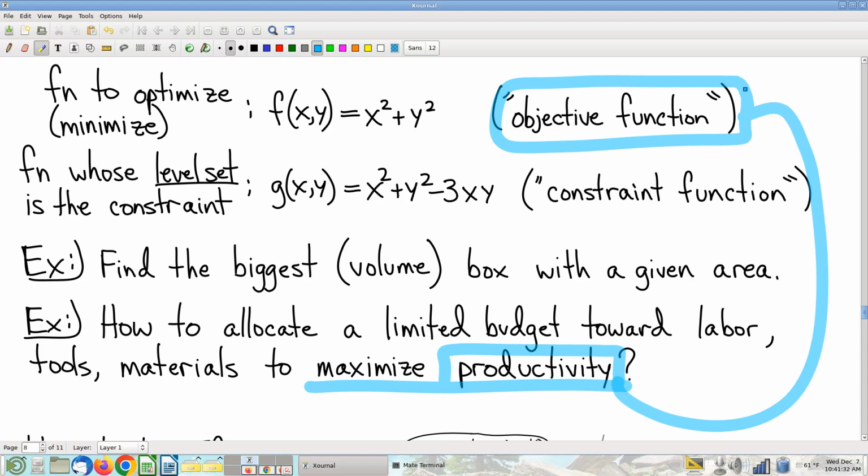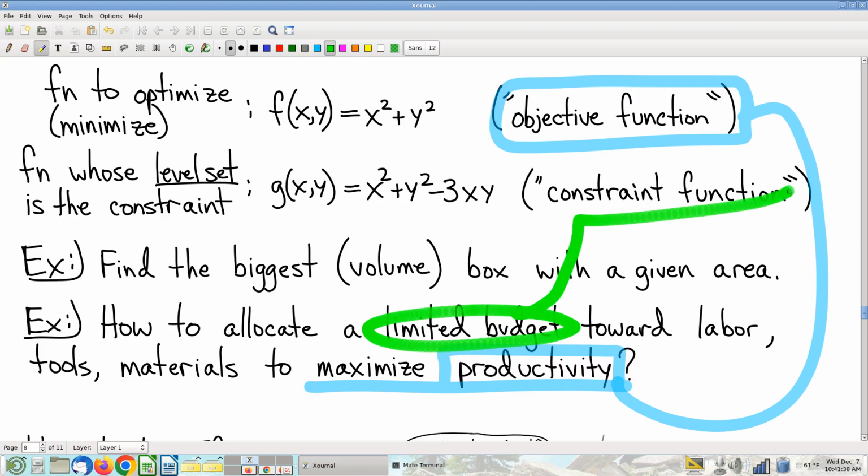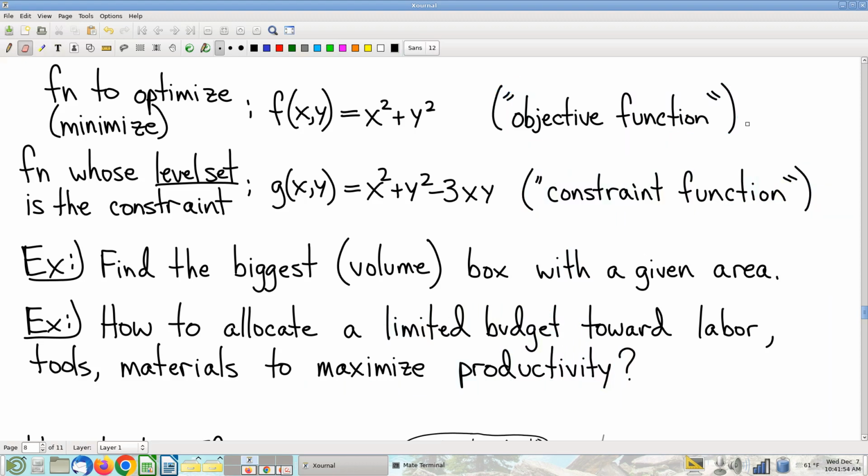That's what you want to make as big as possible. But again, you have a constraint, and that is that limited budget. So however much money you're going to spend on labor, tools, and materials together, that's got to add up to whatever that limited budget is. Right. Okay, so you see constrained optimization problems are all over the place. They're very natural, come up in the real world all the time. Good thing to be able to do.